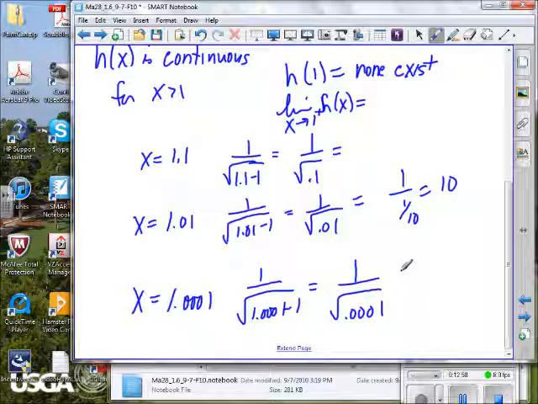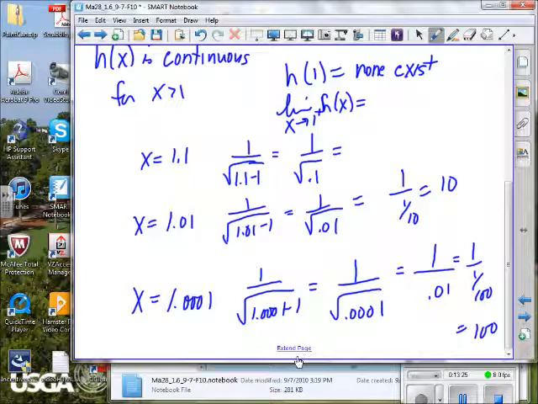That should work. What's the square root of 1/1,000th? 0.01. In other words, 1 divided by 1/100th, what's that?